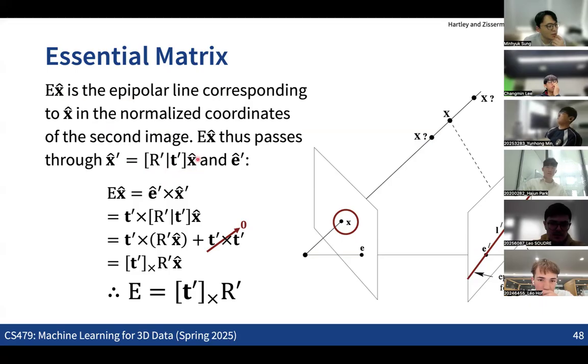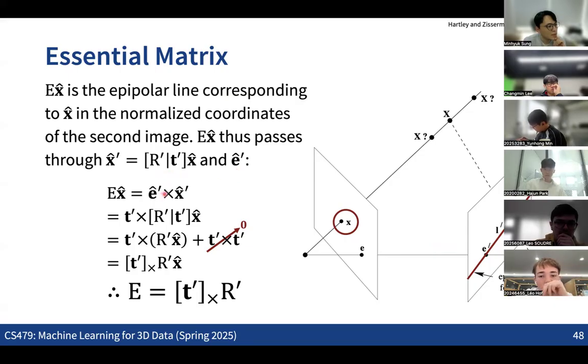Given any point here, if we calculate the projection into the second image, that becomes multiplying by the extrinsic parameters. And the epipolar line in the second image should pass through both the projected point and the epipole, right?